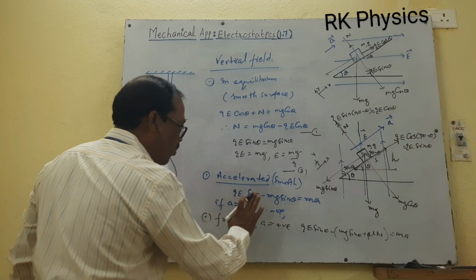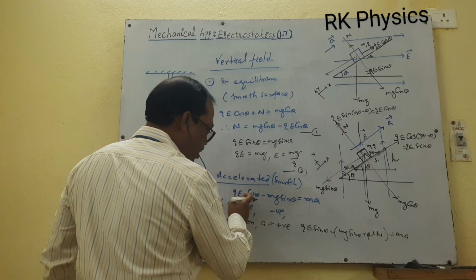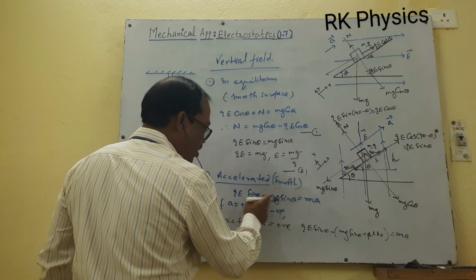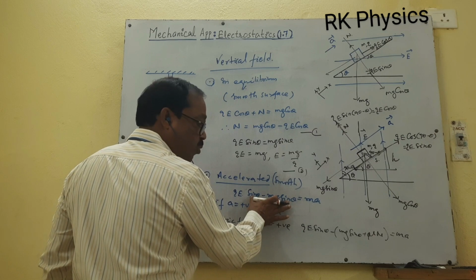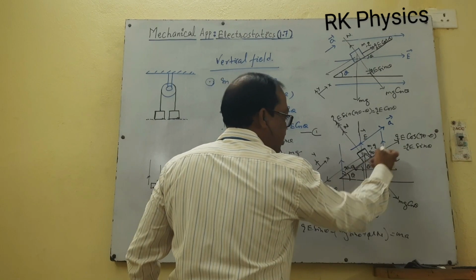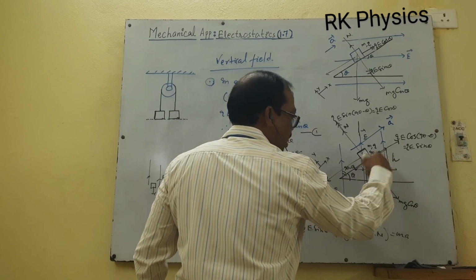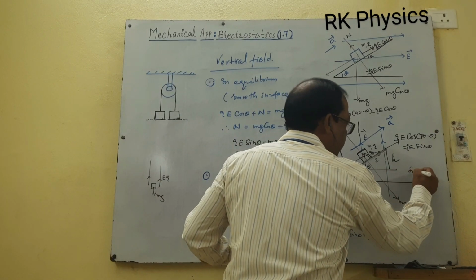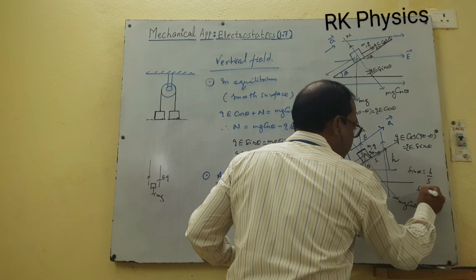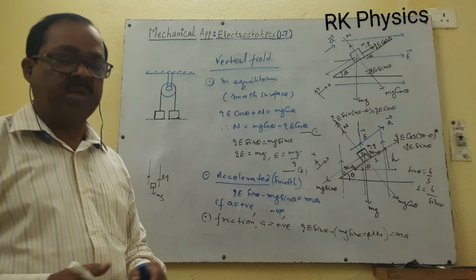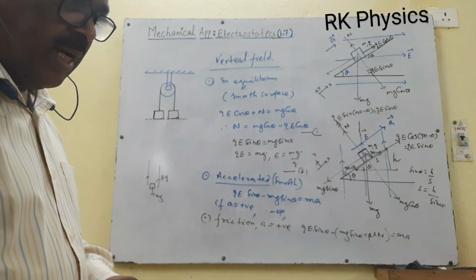To find out the value of h, you take work as resultant force, that is qE sin theta minus mg sin theta, which is ma, into s. Now instead of s you express it using sin theta equal to h by s. So s is h divided by sin theta. If you put that, you will get potential energy.